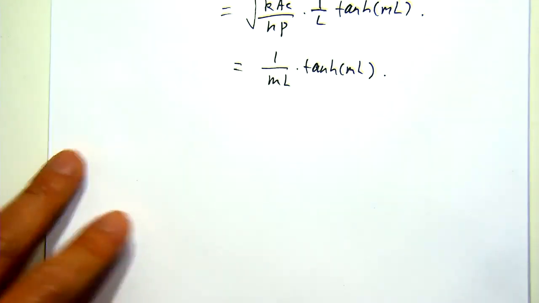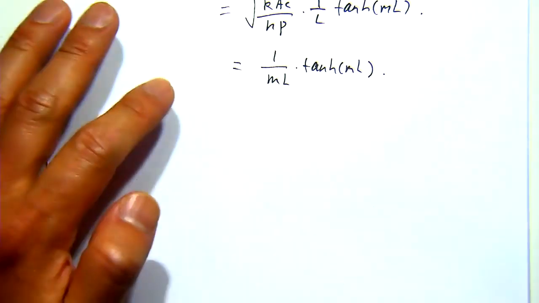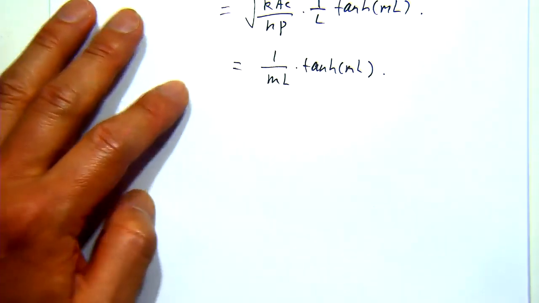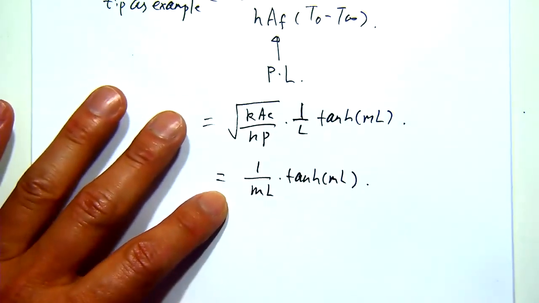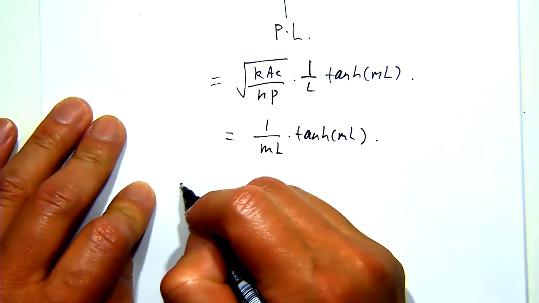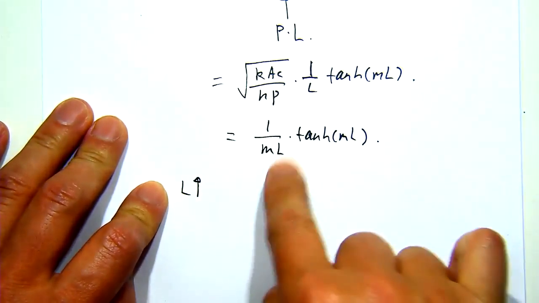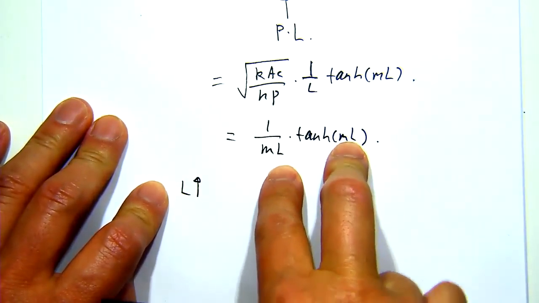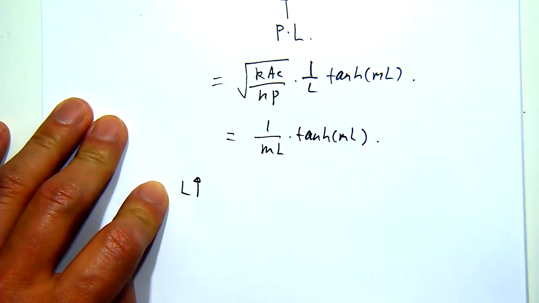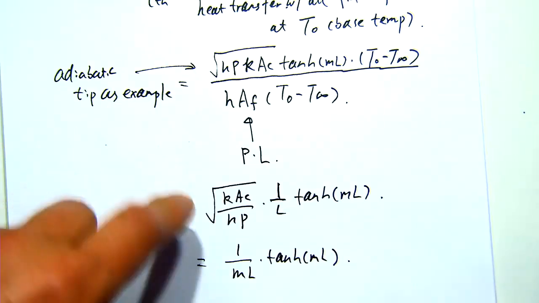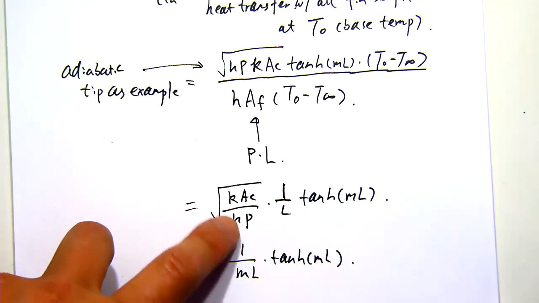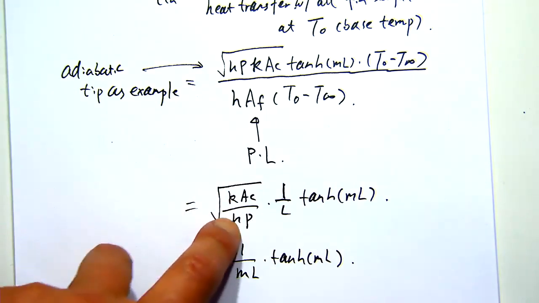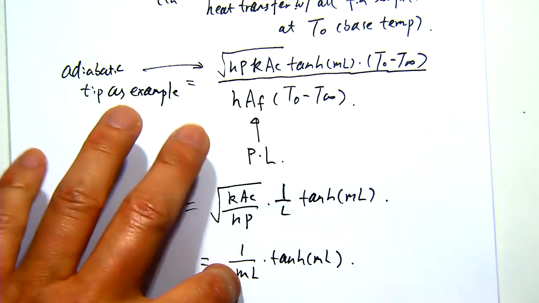Right? So then we notice how the fin efficiency is going to vary with respect to length. We know that when length increases, the m for the problem is a fixed value, right? For a given geometry except the length, and for a given material and given ambient fluid, the m is a fixed value.